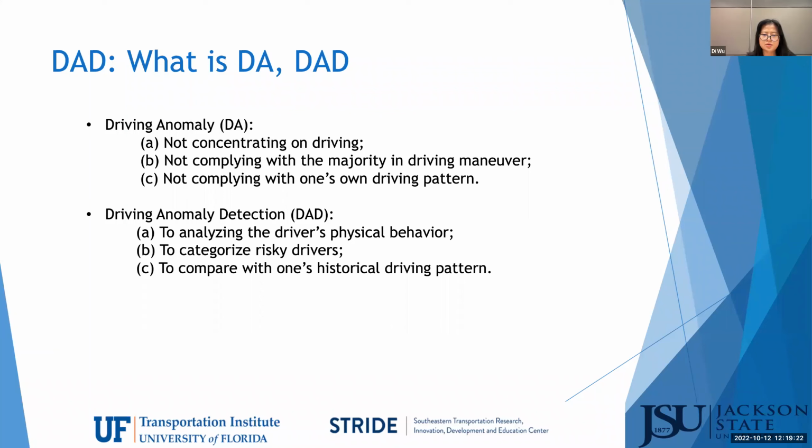The second is to use socio-economic data to categorize risk drivers, as most insurance companies use this second method. The third is to use historical trajectory data to find the driving pattern and check if the driver is driving in the same way, with his own pattern. So the third definition is what we're trying to use in our model.